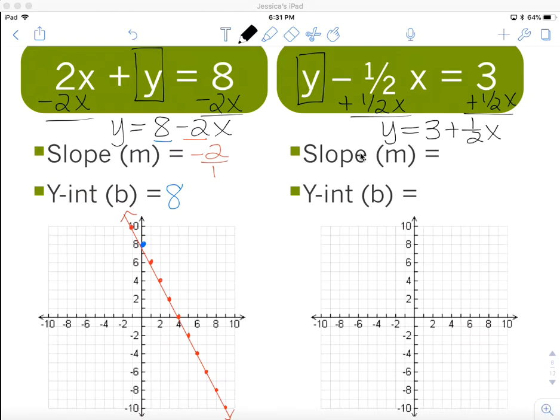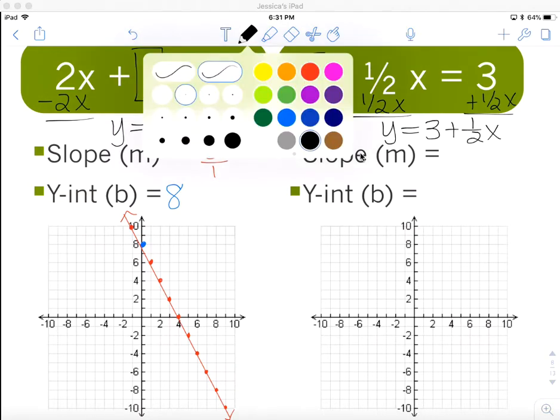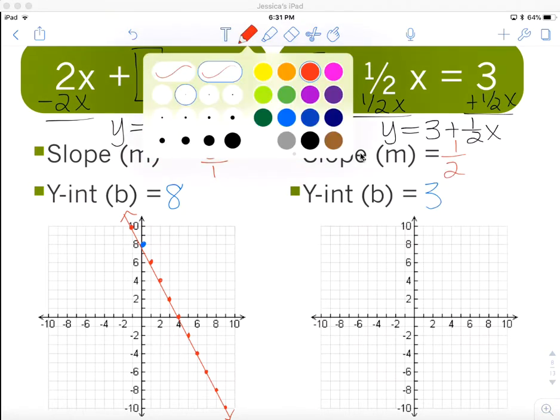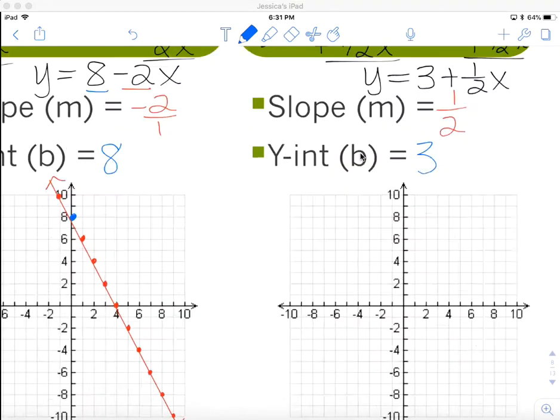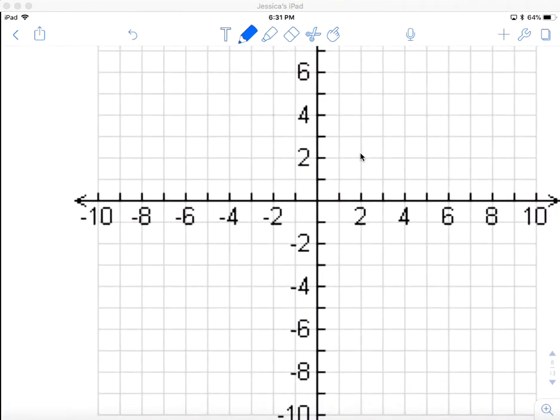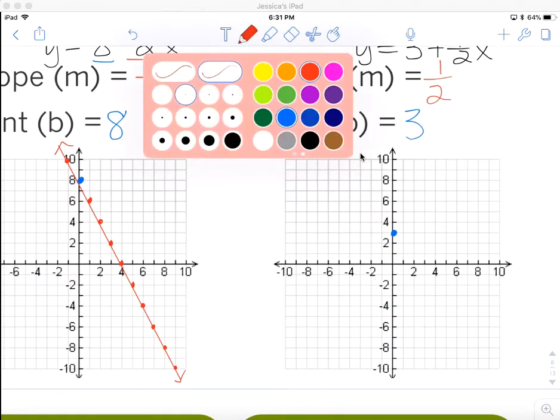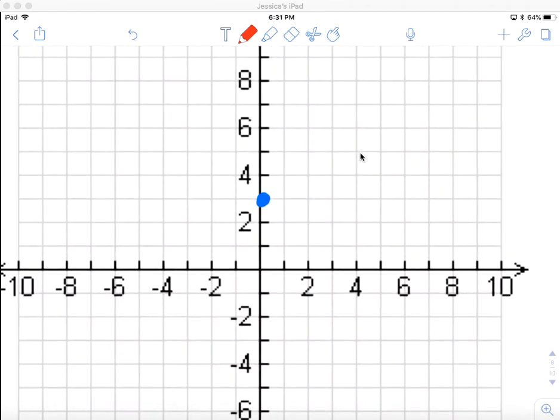So my y-intercept here is 3. My slope is 1/2. I am going to start with my y-intercept on the y-axis at 3. And then since my slope is 1/2, that's a positive slope, I am going up 1, right 2, up 1, right 2, all the way across.